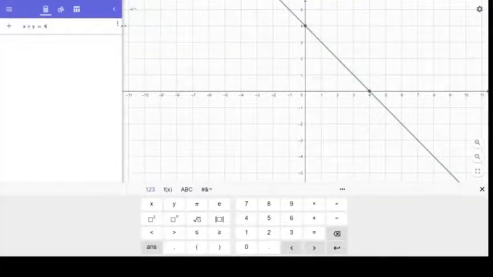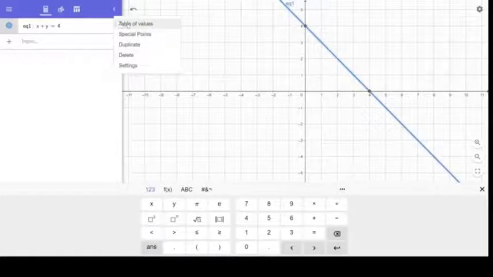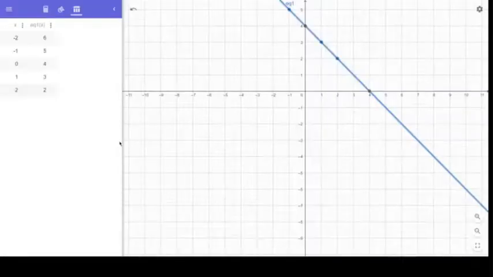Now let us take the table of values for all these things. I'm taking values from minus 2 to 2. When x equal to minus 2, y equal to 6. You know how to plot the graph, isn't it? Last year we had learned already. When x is minus 1, then y equal to 5.